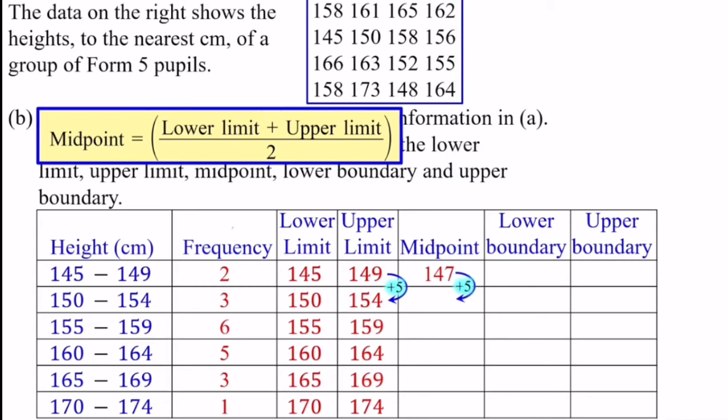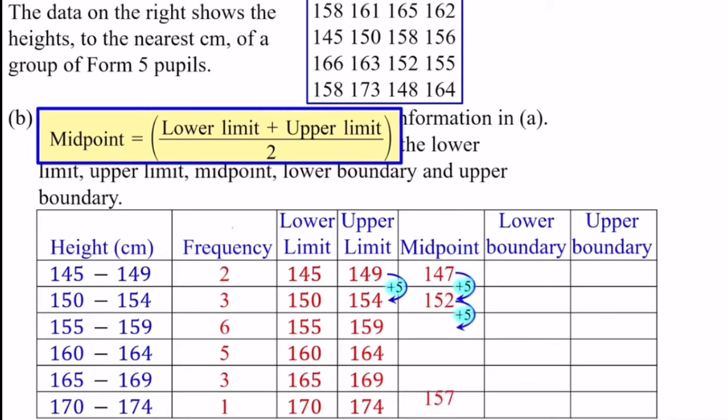You will notice that you can do it very fast if you keep on adding 5 to get the next one. So 147 plus 5 is 152, 152 plus 5 is 157. You notice that it will end with 2, 7, 2, 7, very organized.